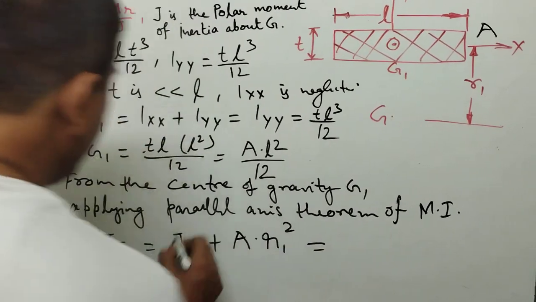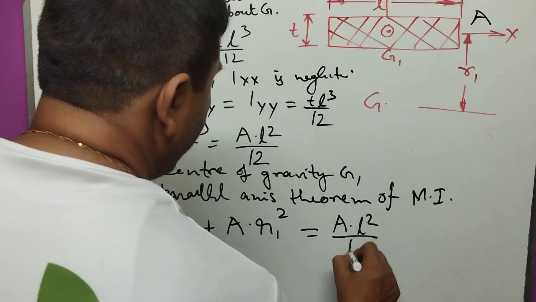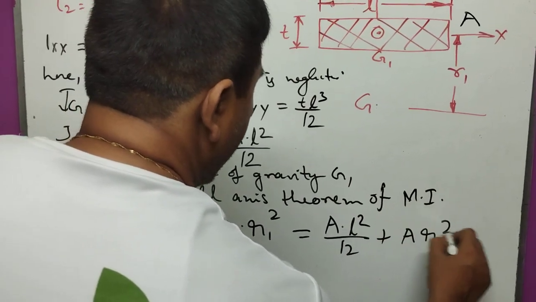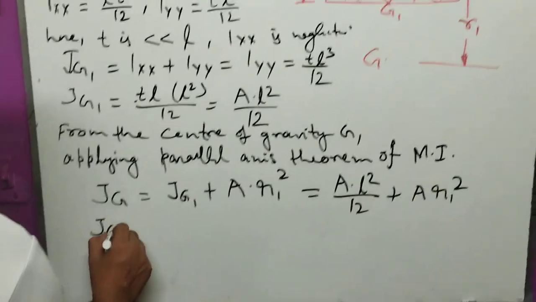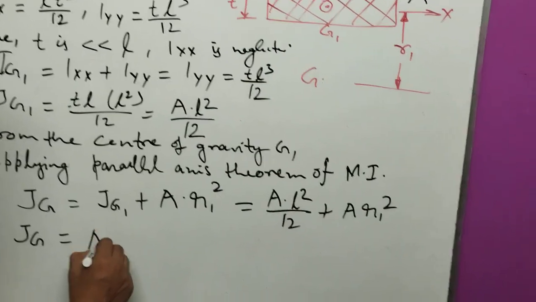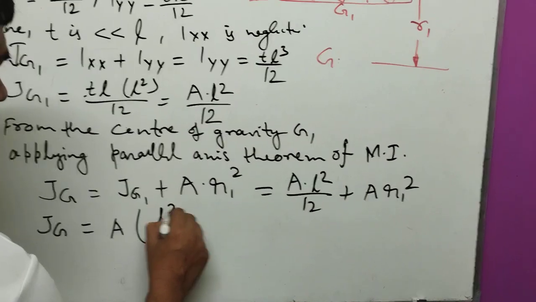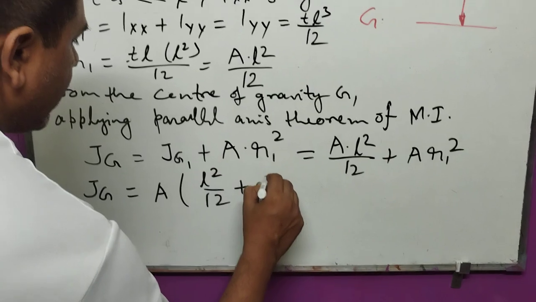We put Jg1 as area into L squared by 12, plus area into R1 squared. Therefore, Jg equals area into the bracket of L squared by 12 plus R1 squared.